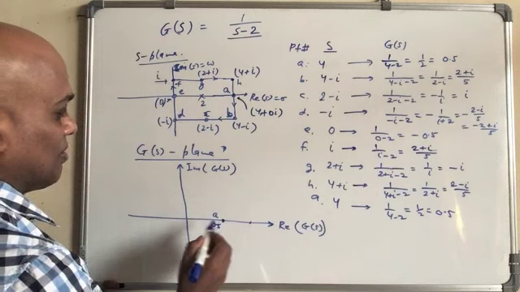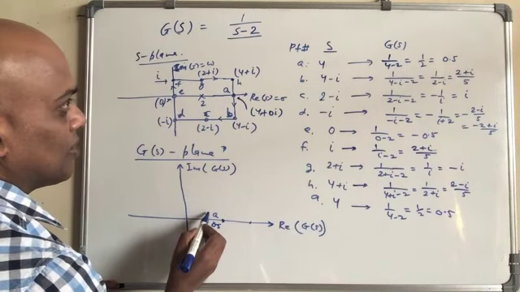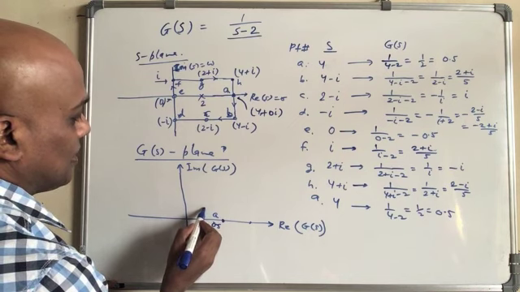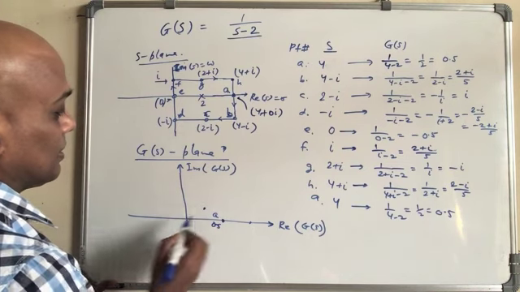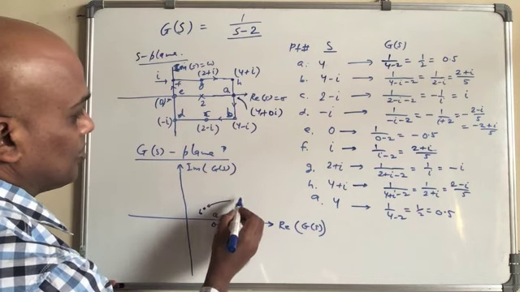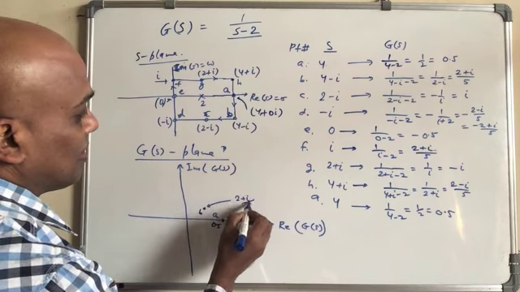We have 0.4 basically. So this is 0.4, and then you have I over 5, so we get somewhere here, let us say. Okay, so this is point B, and the value is 2 plus I over 5.